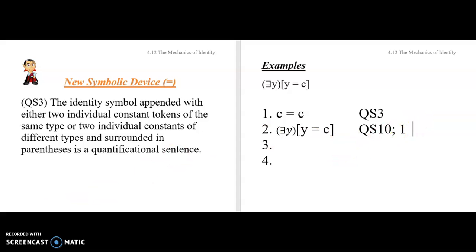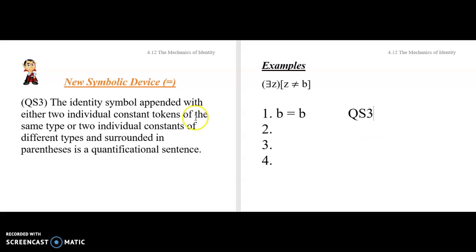Let's look at another. Let's try one with a quantifier and negations, non-identity, numerical diversity. So let's try something like this. Go ahead and pause and give this one a shot. Okay, so I might start off with, B is identical with B. And the key thing here is that this is QS3.